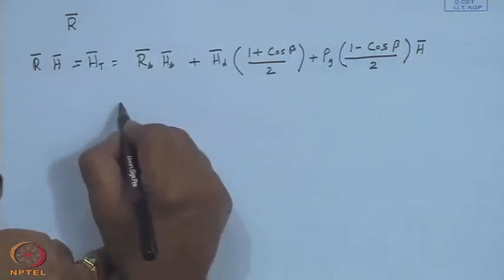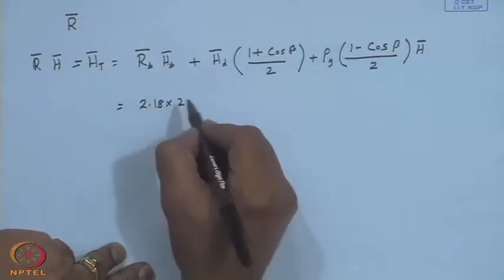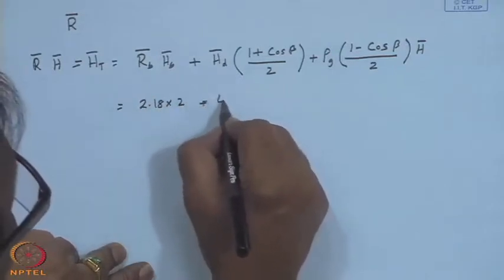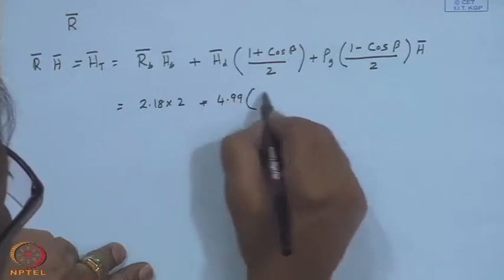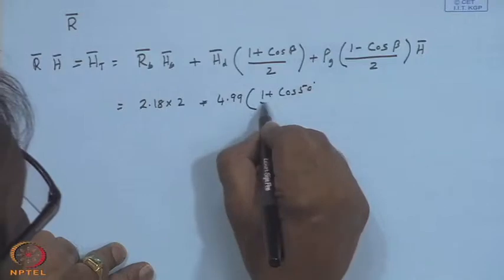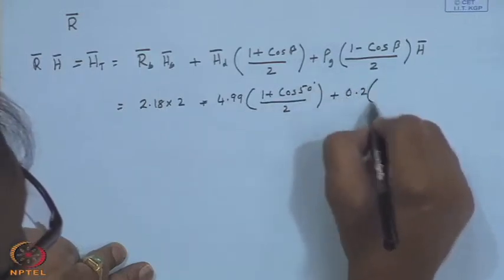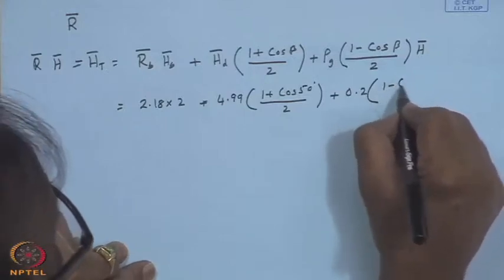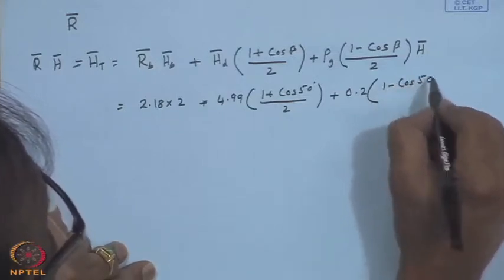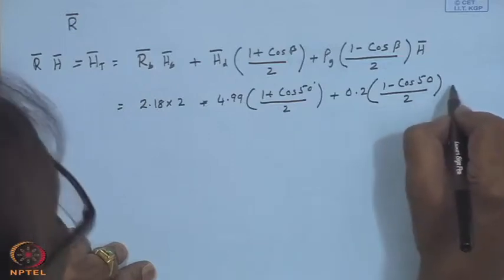So, this will be 2.18 into 2 megajoules plus 4.99 into 1 plus cos 50 degrees, that is the beta, by 2 plus 0.2 into 1 minus cos 50 by 2 into 6.99.